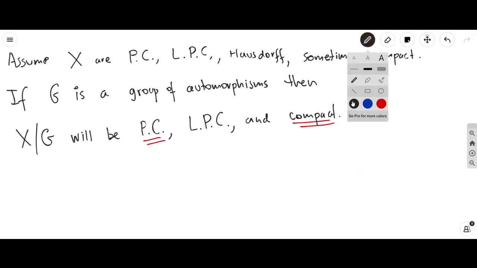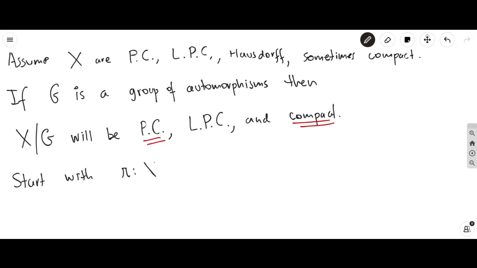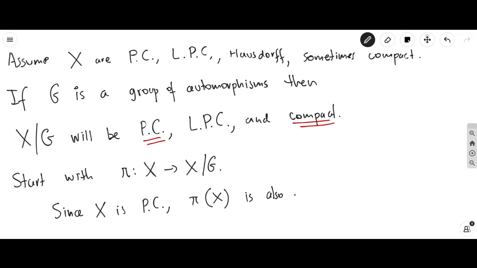It's actually quite simple. You're going to start with the quotient map. Now, since X is path connected, pi applied to X is also path connected.